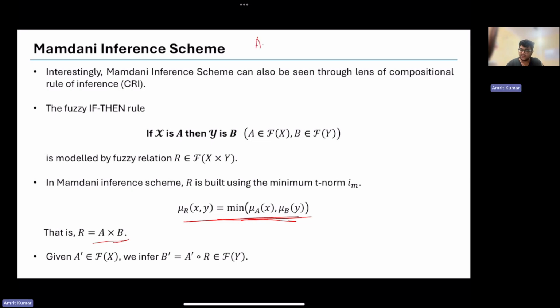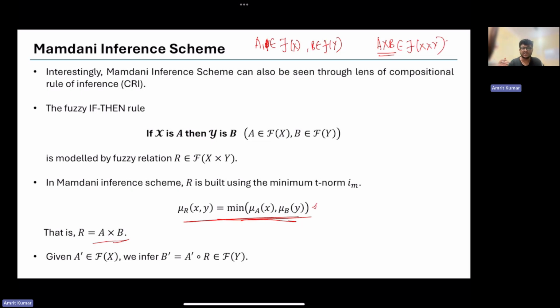If you remember our discussion session in which I discussed the extension principle, I talked about given two fuzzy sets A over X and B over Y, I can compute the Cartesian product of A and B. That happens to be a fuzzy set over X cross Y, and the membership function of this Cartesian product is nothing but this.